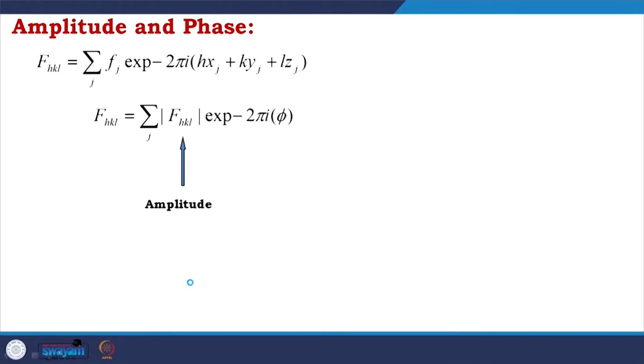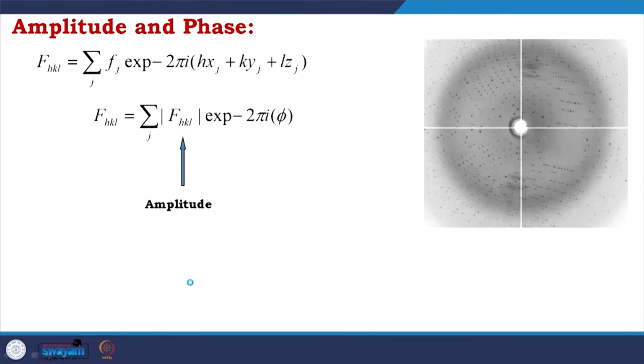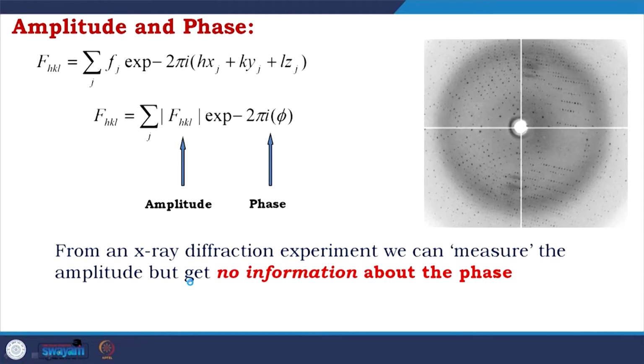The f j summation gives us the absolute value of the structure factor, which is the amplitude, and it comes directly from the diffraction pattern. The other term is the phase. From an X-ray diffraction experiment, which we have discussed in detail, we can measure the amplitude, but we get no information about the phase.